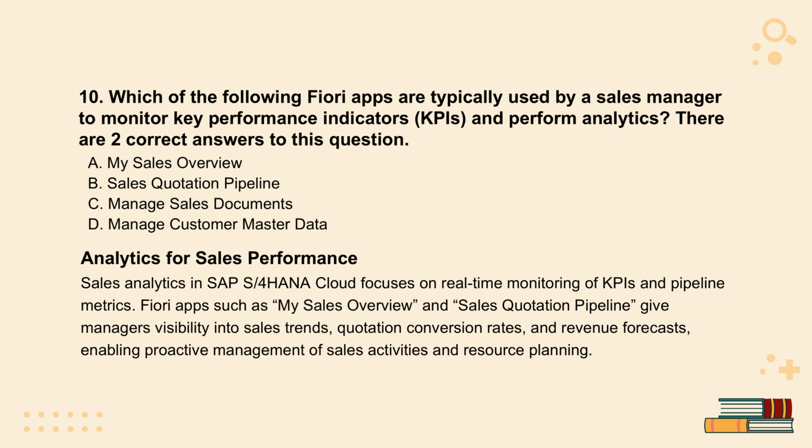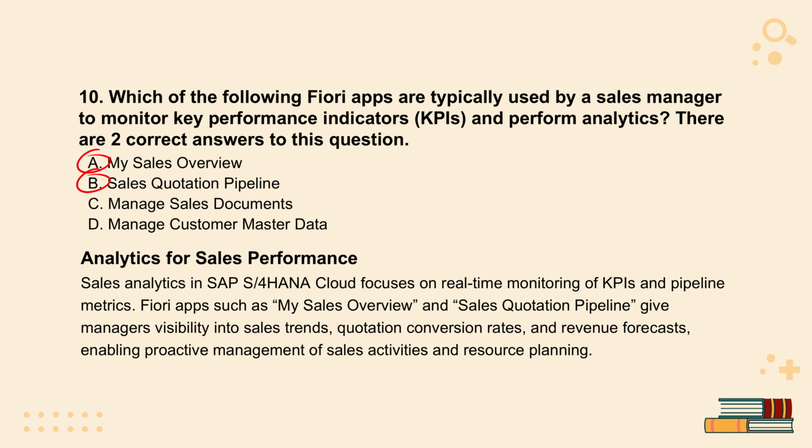What about looking specifically at analytics and maybe forecasting? Beyond that main overview, what other Fiori app is key for a manager monitoring performance indicators? Right, besides the general overview, another really important one for looking ahead is the Sales Quotation Pipeline. While My Sales Overview shows current results, the quotation pipeline focuses on the pipeline: open quotes, their value, their probability, conversion rates.